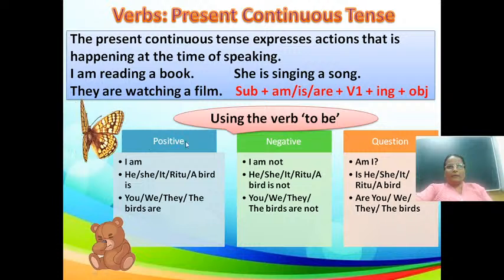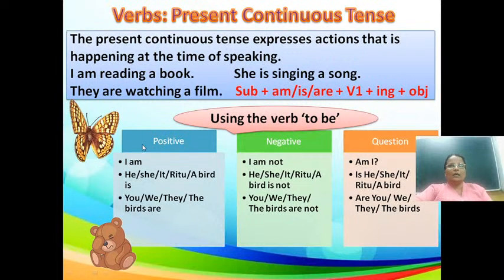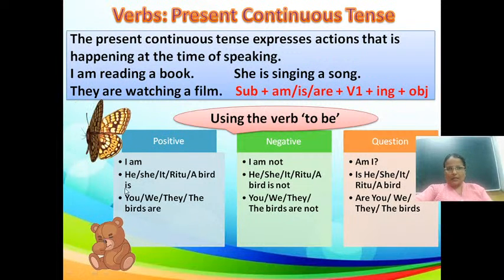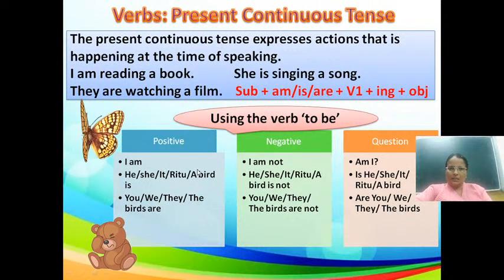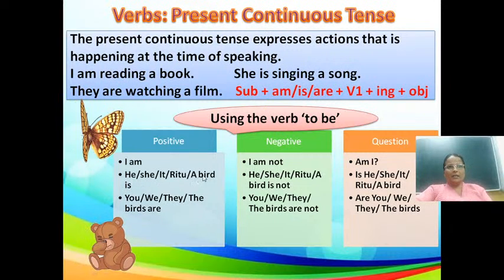So here we were discussing and watching this particular table, positive sentence. In positive sentence, in present continuous tense, we use I plus am plus ing and object. Next, he, she, it, Ritu, a bird.